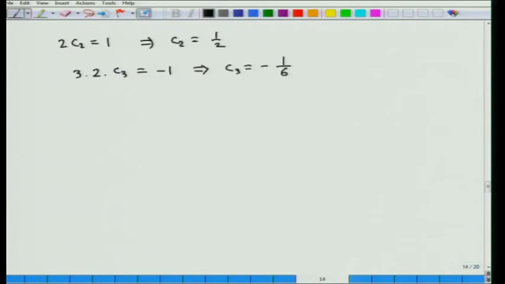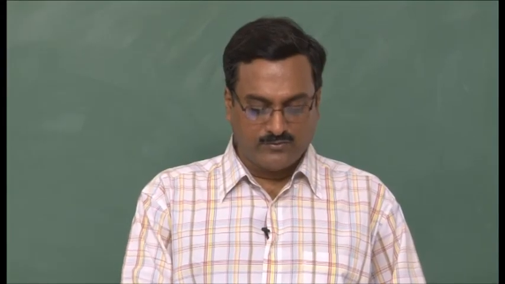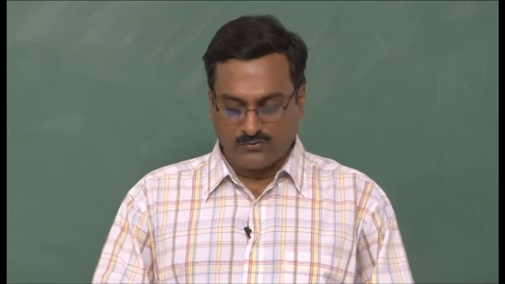Next, if we equate the coefficient of x square from both sides, then we will have 4 into 3 into C 4, this is the contribution from the left hand side. From the right hand side, the coefficient of x square is minus 1, which comes from minus x into (cos x plus sin x), and another term from the summation, that is minus C 0 by 2 into x square, because in the summation n running from 0 to infinity of C n by (n plus 2) into x to the power n plus 2, you can find the x square term for n equal to 0.